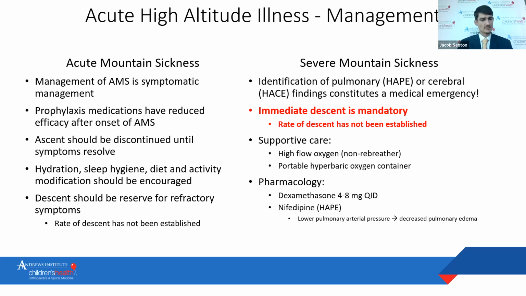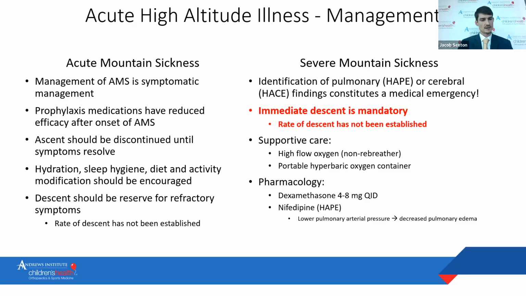So other supportive care measures can be done, particularly for high altitude pulmonary edema, since it's a cardiopulmonary process. You can do high flow oxygen with positive pressure to help push that pulmonary edema back into the vascular regions instead of the lungs. And then you can also consider a portable hyperbaric oxygen container if available, for the same exact reason.